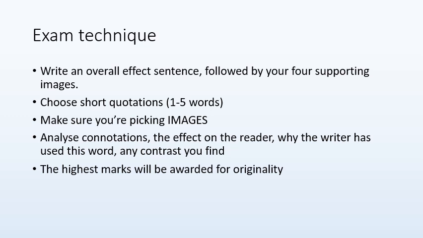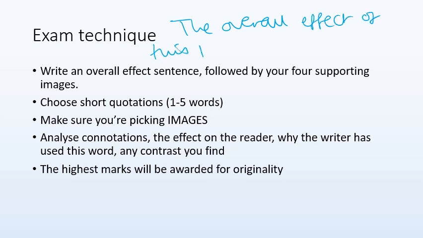So firstly, a reminder then of overall exam technique for your exercise 2. Reminder that for each of the 2 paragraphs you should write an overall effect sentence. So that sentence will say very simply, the overall effect of this paragraph is.